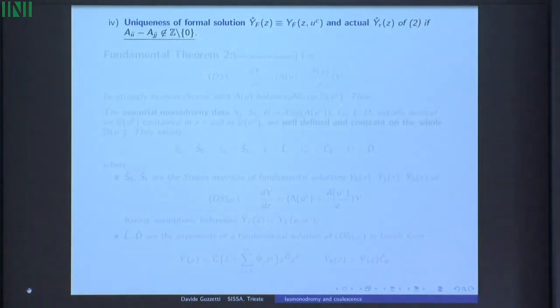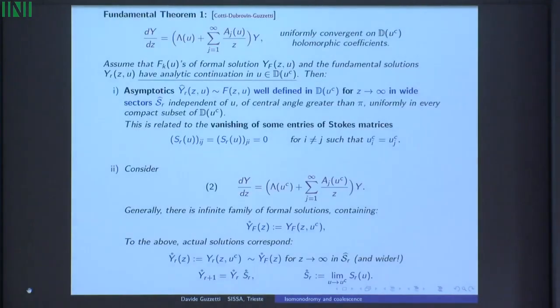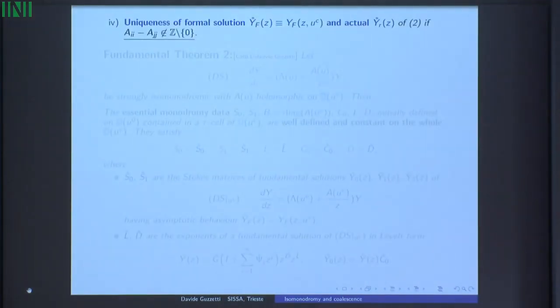Maybe there is another point I should remark. Formal solutions of the system evaluated at the center, which I call Y with the ring upstairs: actually there is a whole family of formal solutions. There is only one of them which corresponds to the formal solution away from the coalescence point evaluated at the coalescence point.